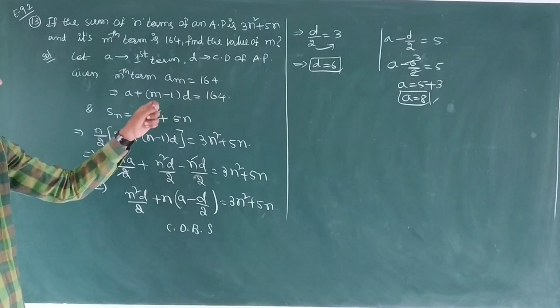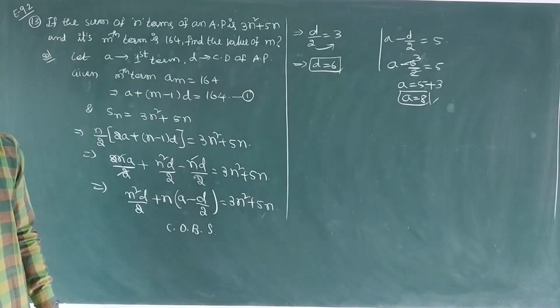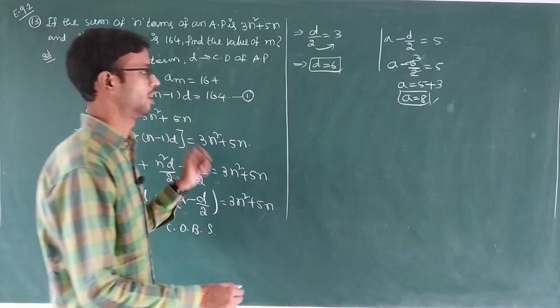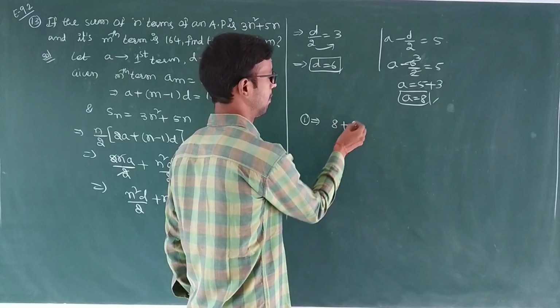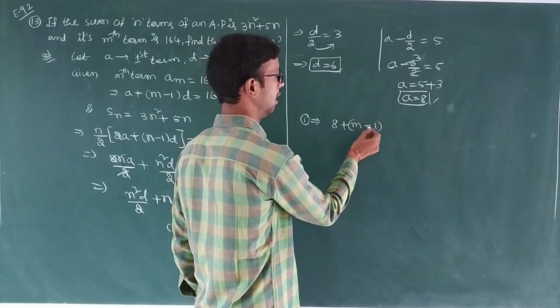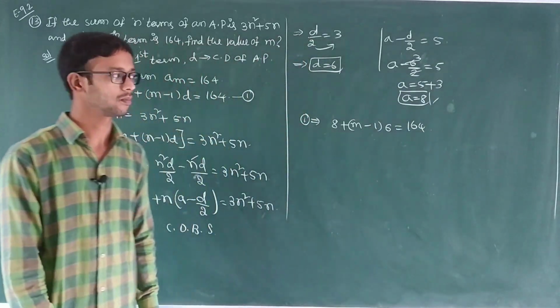Substitute these two values in this one, taking as equation 1. Equation 1 substituting: a value is 8 plus (m − 1)d, d value is 6, is equal to 164.